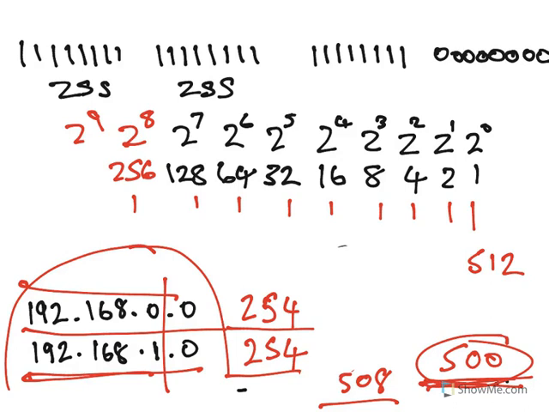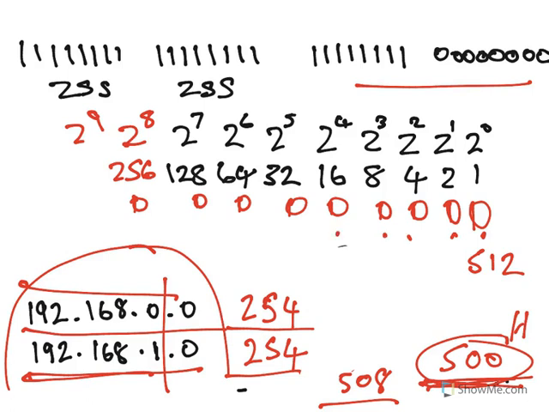Remember, I'm calculating hosts, so these are supposed to be zeros. All I do from there is make sure that I've got 9 zeros at the end of my subnet mask. 9 zeros, 1, 2, 3, 4, 5, 6, 7, 8, 9.